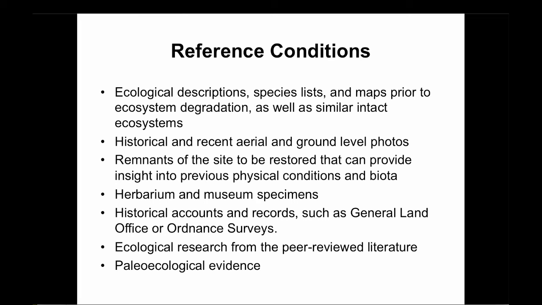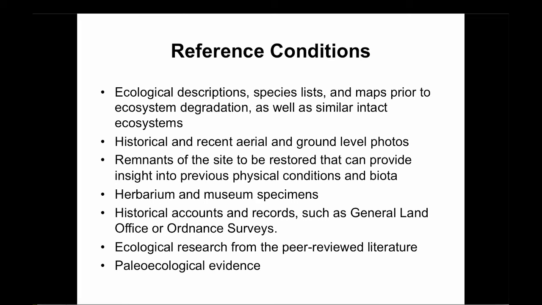They can provide really nice insight into species-environment relationships, but you really need to take care to understand why that remnant is actually still there. In some instances, especially here in the eastern U.S., many of these areas that currently exist as old-growth remnants are there because they were purposely preserved because they were unique compared to the surrounding landscape.